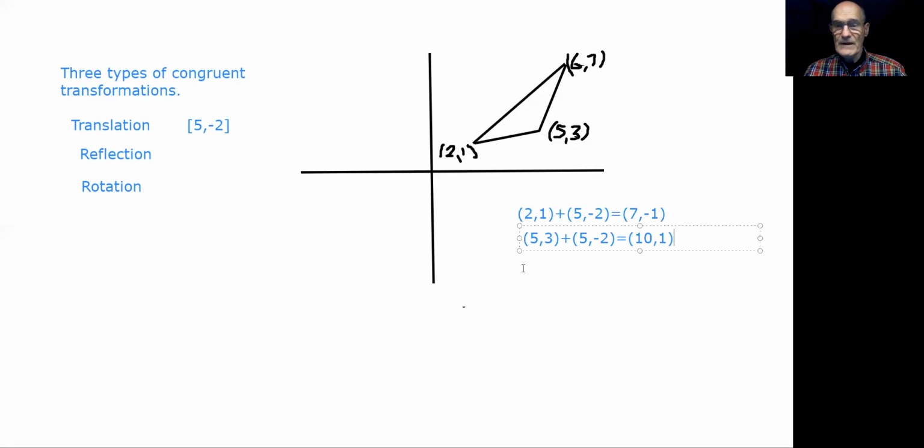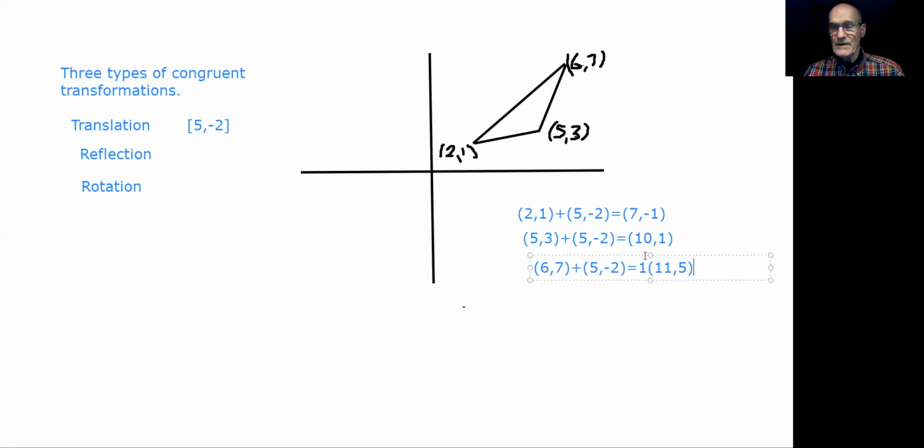And then the third one, we've got our 6 comma 7, plus 5 comma minus 2, and that equals 11 comma 5.